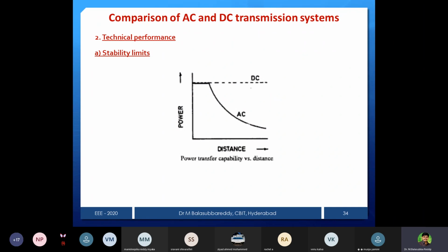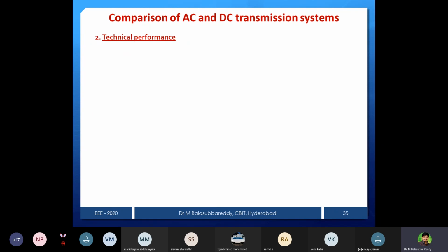So this is the major problem in that area. That's why the stability limit will also be higher in the case of DC.